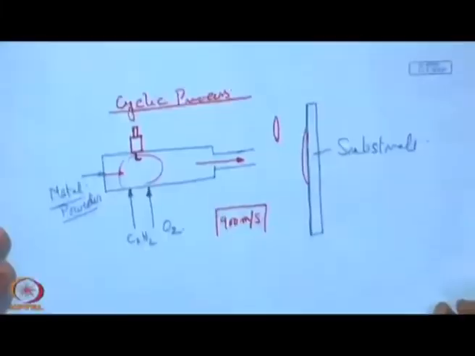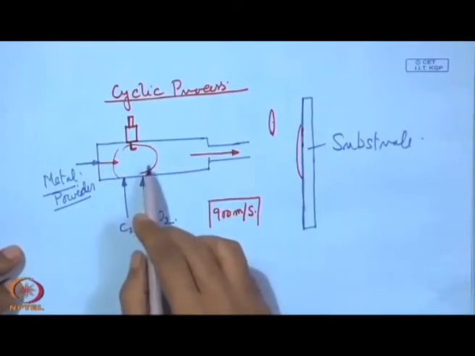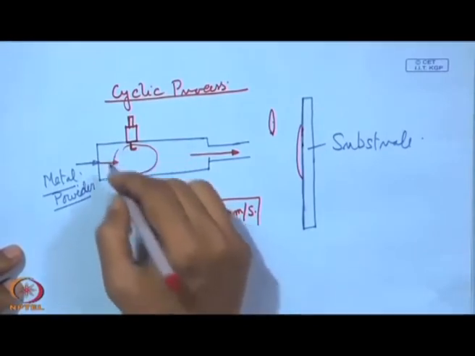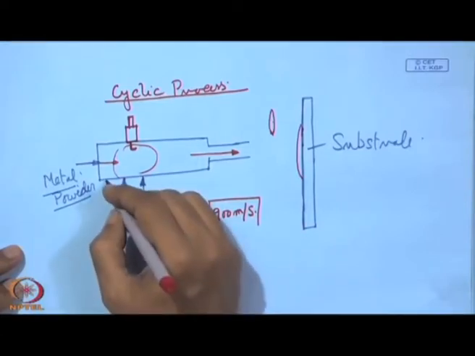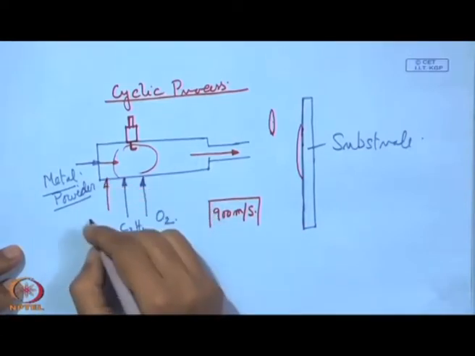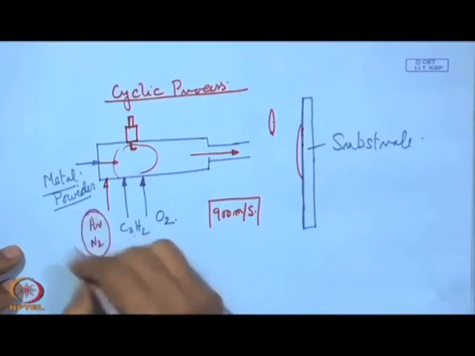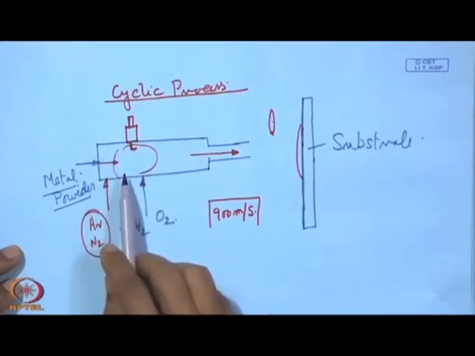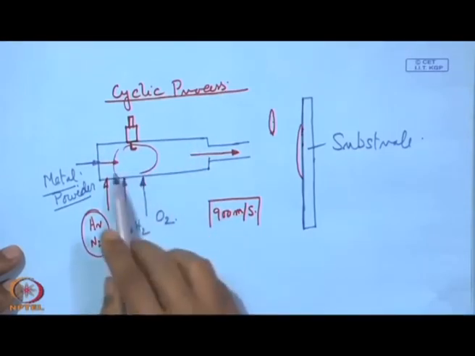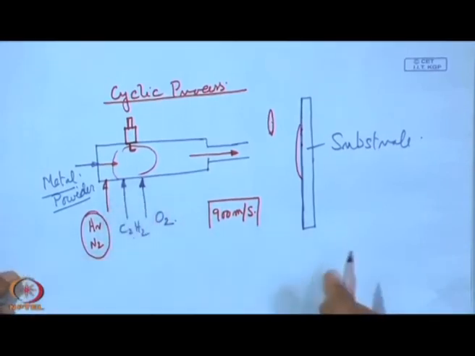And one thing also, after one particular cycle, before going to the next cycle, the whole area is flushed with argon or nitrogen. So, it is just rinsing or cleaning of the whole detonation chamber, and then again it can go to the next cycle of this detonation.